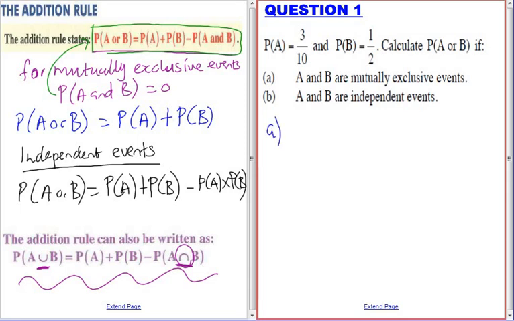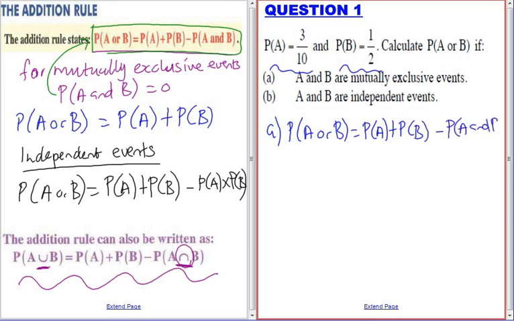So the first question says, probability of A was given, probability of B was given. We want to calculate the probability of A or B. Under normal circumstances, we just say probability of A plus probability of B minus the probability of A and B. This is the formula. Now from here, you just make your substitutions.